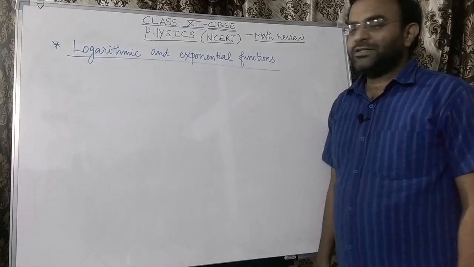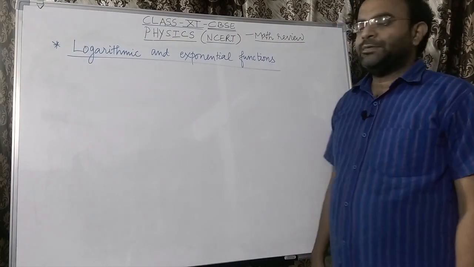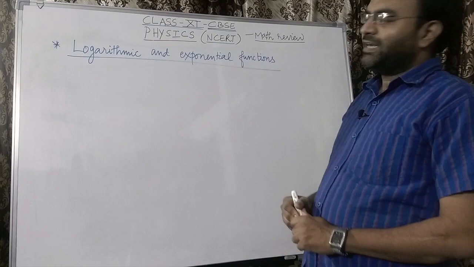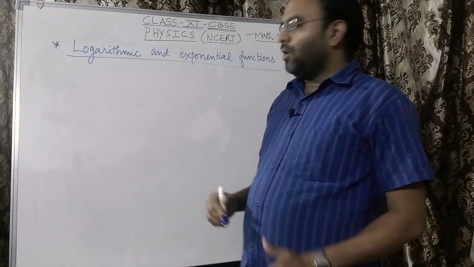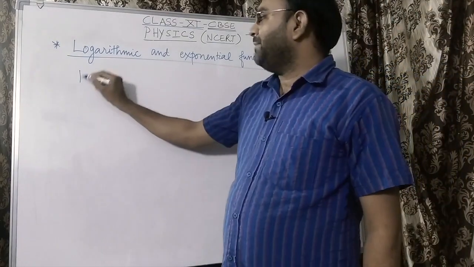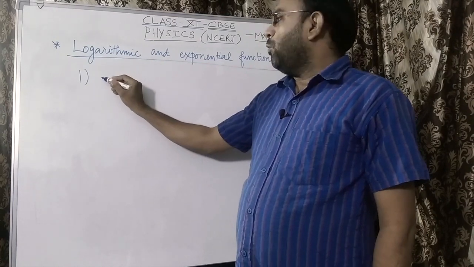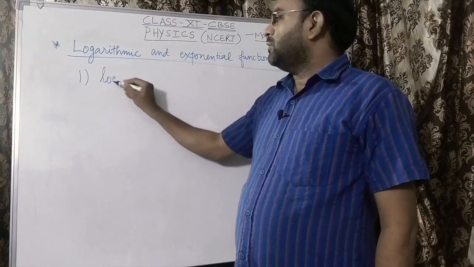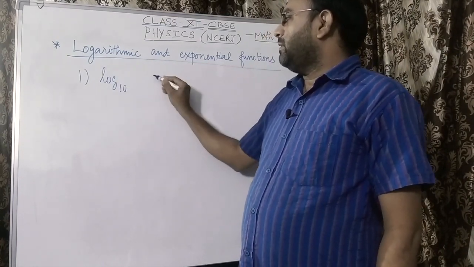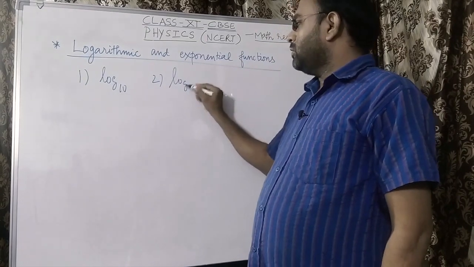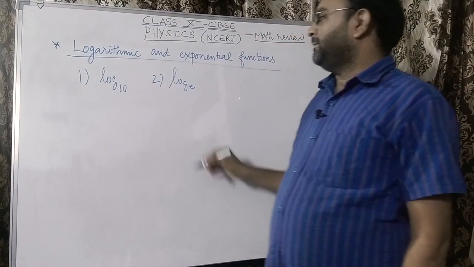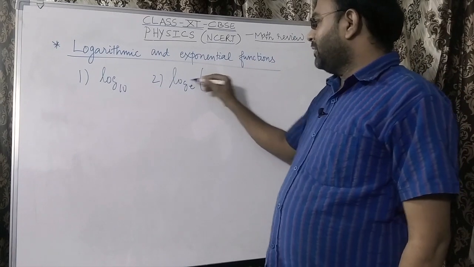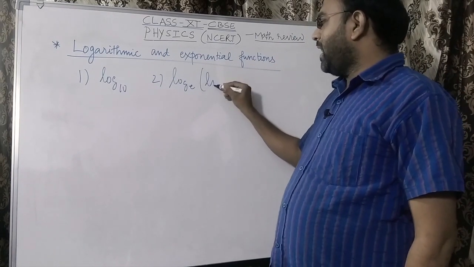Next, we're going to discuss logarithmic and exponential functions. First, let's deal with logarithmic functions. Logarithmic functions basically are of two types commonly. One is log to the base 10, and the other one is log to the base e. Of course, the symbol for this is natural logarithm, so we use ln.